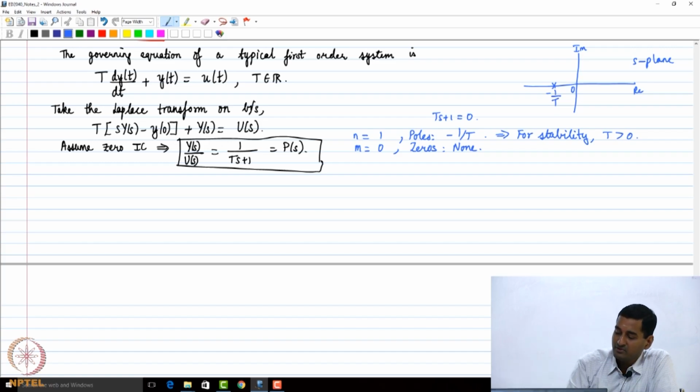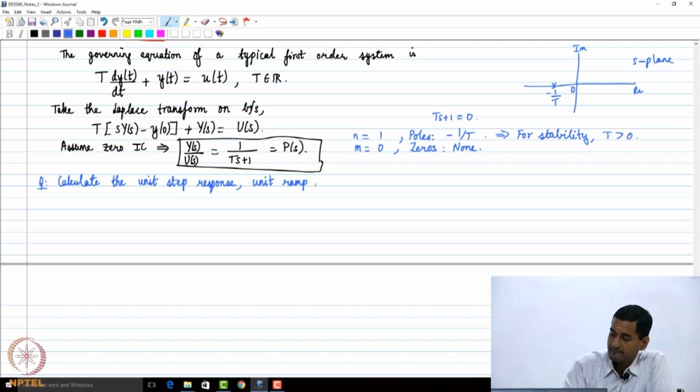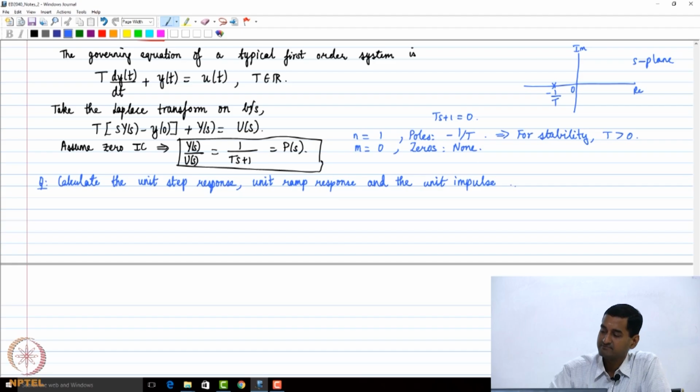So now what I am going to leave you with are these questions. You calculate the unit step response, unit ramp response, and the unit impulse response of this system.